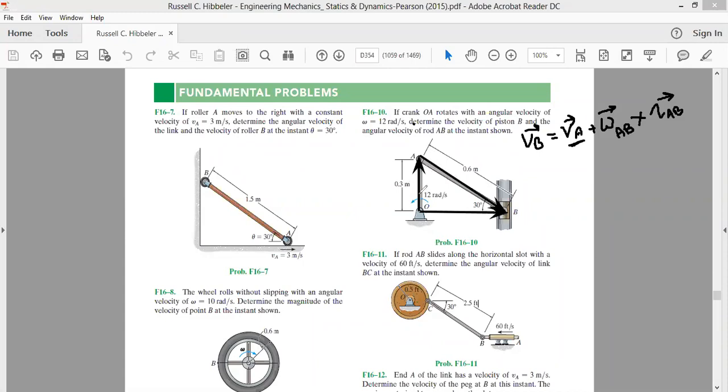So we can write velocity of A is equal to velocity of O plus angular velocity of OA, omega OA, cross product with the radius from O to A, that is R_OA.